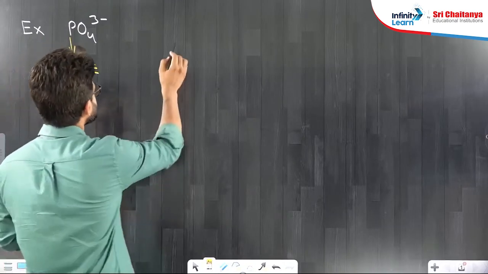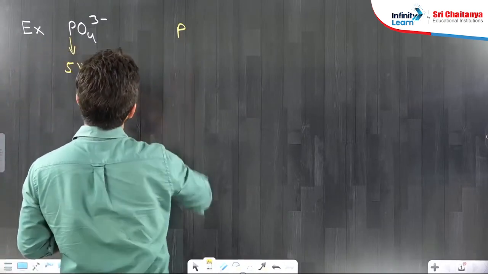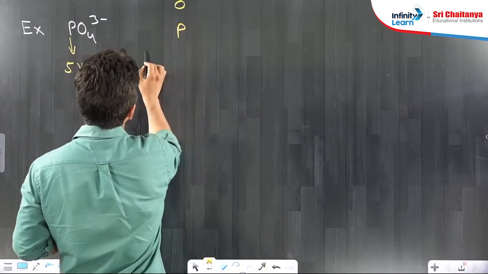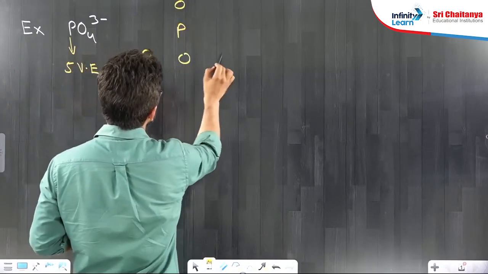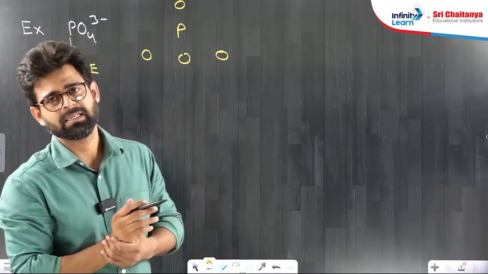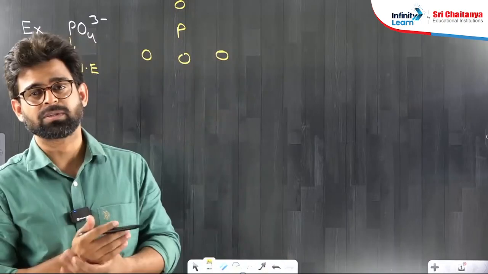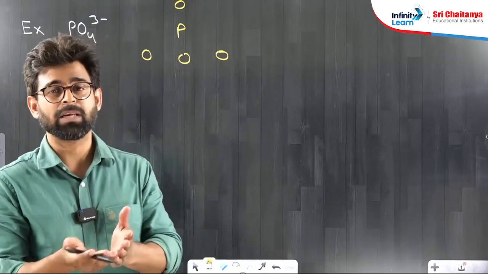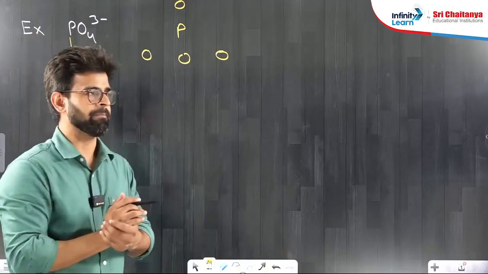Now write the phosphorus, and now you can write the surrounding elements. Like 4 oxygens are present, so I am writing oxygen like this. You can write anywhere. We are not very particular about geometry or structure here, we are just finding how many bonds it is making and how many lone pairs will be left on the central atom.